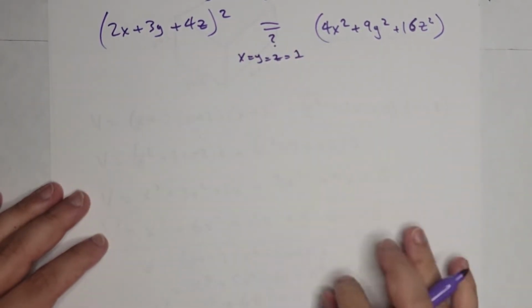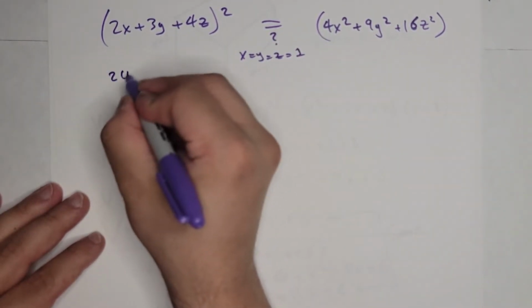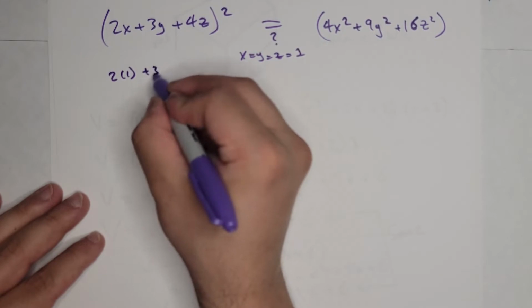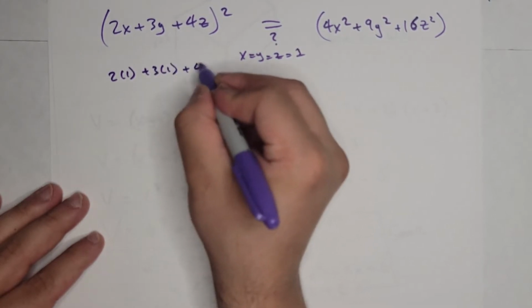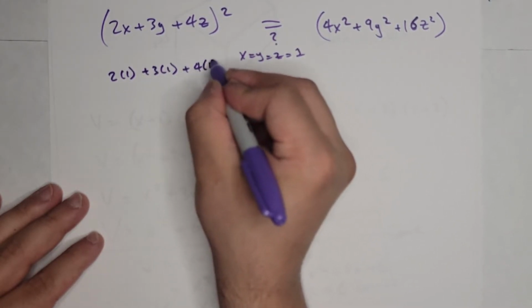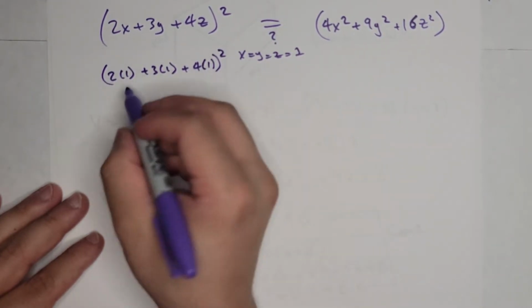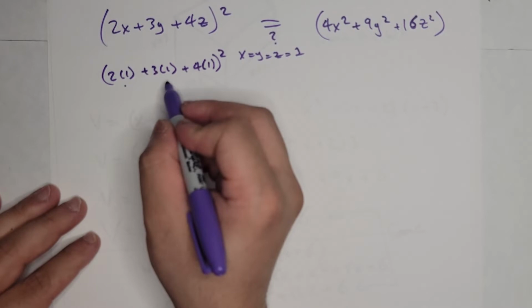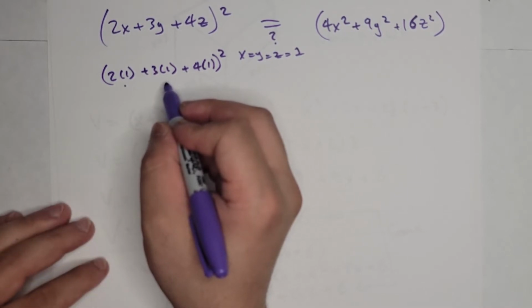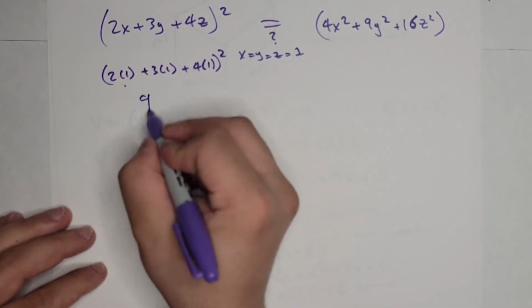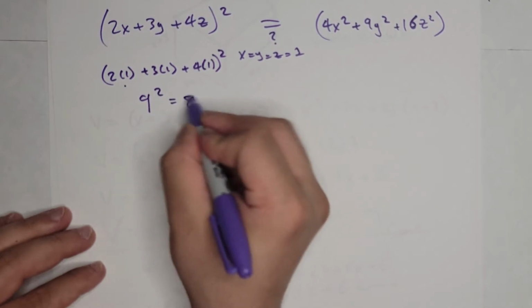If I plug 1 into all these, it's 2 times 1 plus 3 times 1 plus 4 times 1, squared. And that'll give me 2 plus 3, which is 5, plus 4, it's 9. 9 squared is 81.